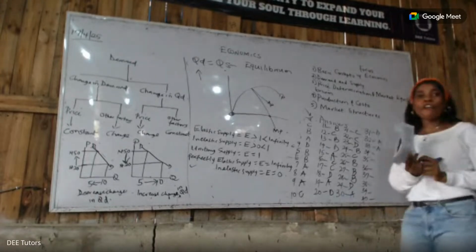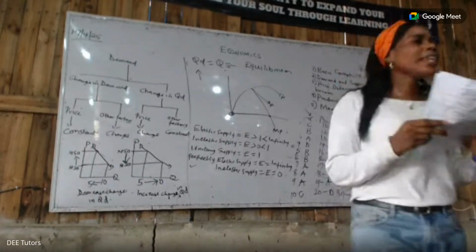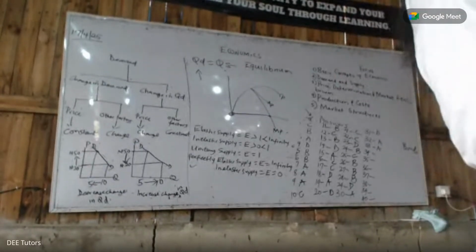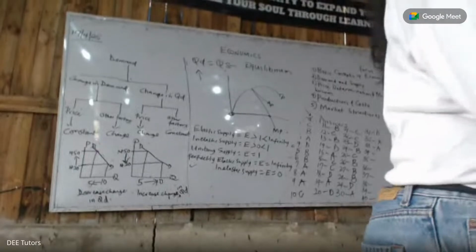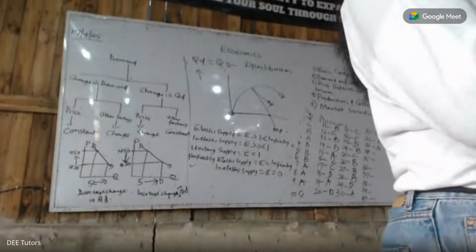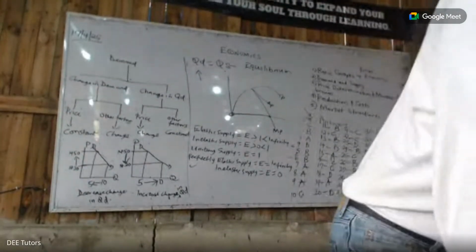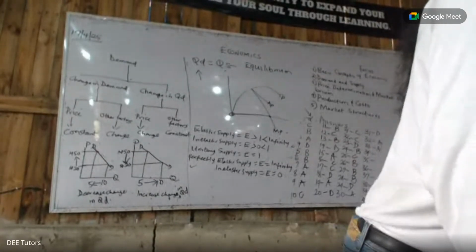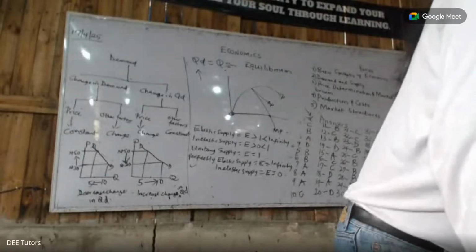All right, 34. Now let us look at the graph very well. Did I draw it on the board? No. Please, I need you to be patient here this time around. This graph is a what? Who can tell me? Cost graph.